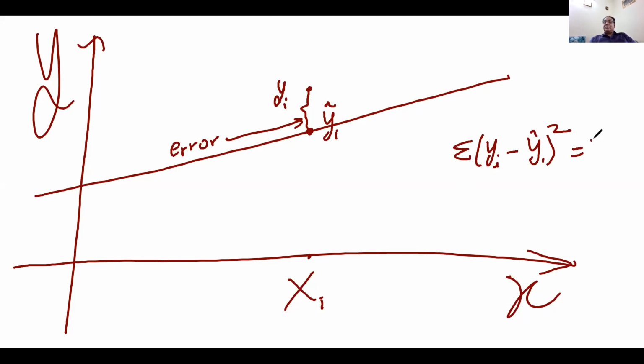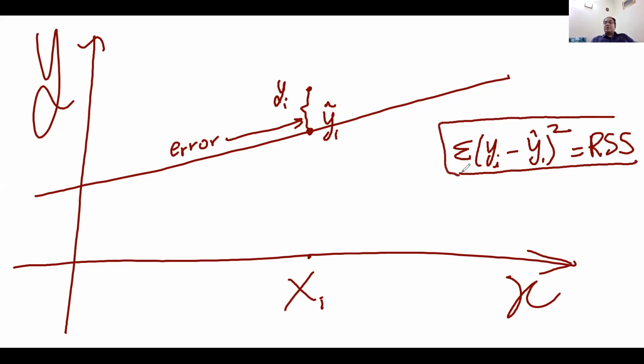This term is known as residual sum of square, or the sum of the error square, called RSS. This RSS should be as low as possible. We want to reduce this error term.